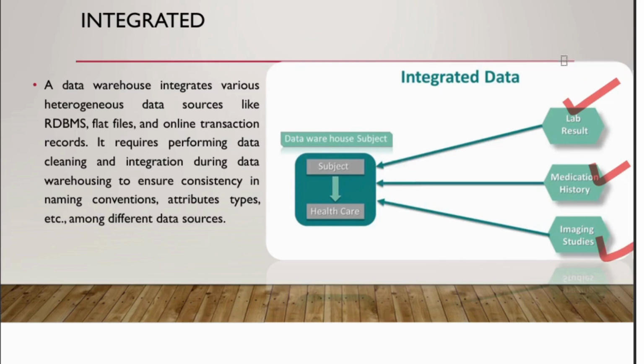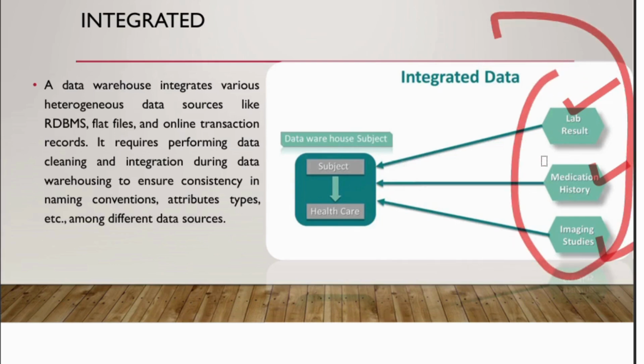So, combining all this, for example, a patient goes to a hospital, he gets tested in the lab, he has medical history in the hospital, and also scans. Use all the information given and provide it to the healthcare so that they can predict what exactly is happening to the patient. That's what it is talking about.